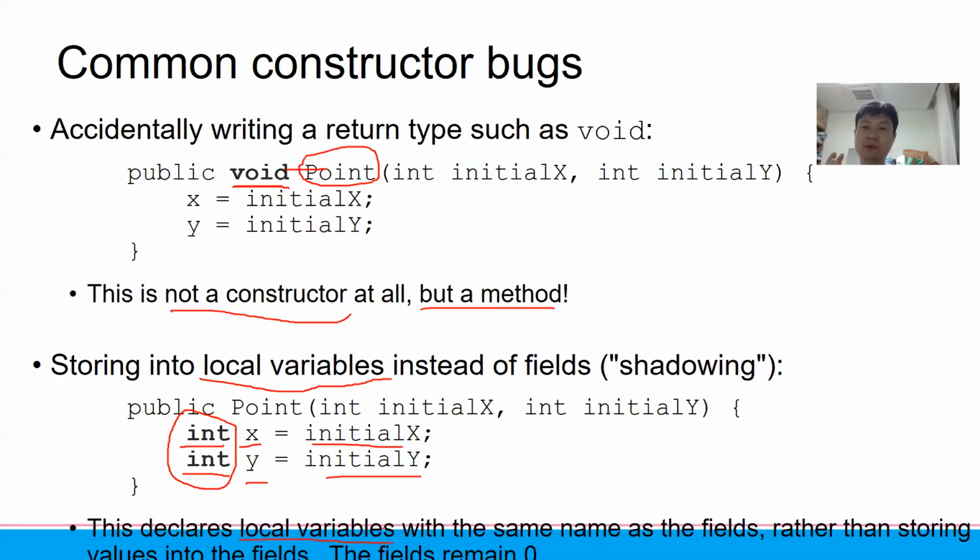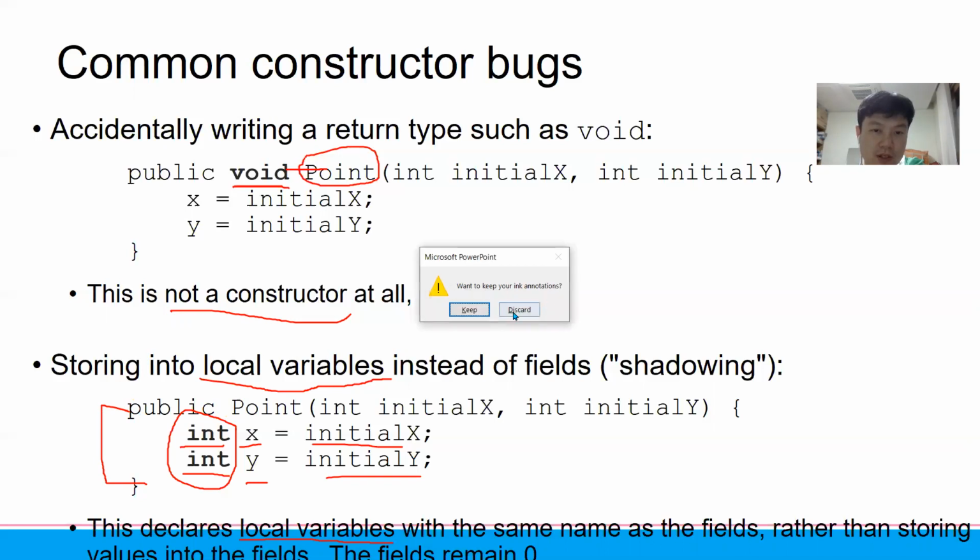The local variable means, if you still remember the scope of local variables, this local variable will be valid only in the method. Oh, sorry, this is not a method, but it is a constructor. So if you define it like this, then you can access the x and the y in the constructor. So the value will remain 0.